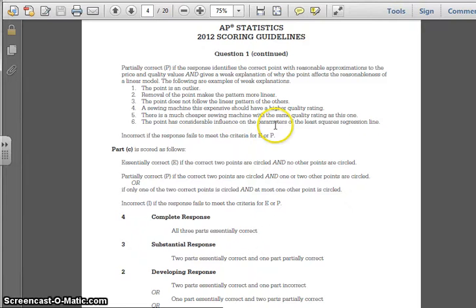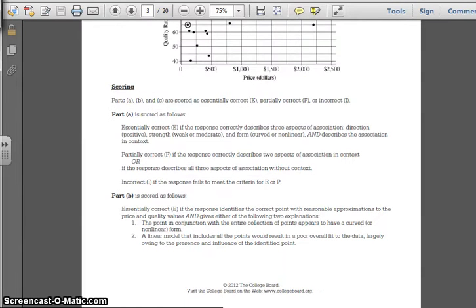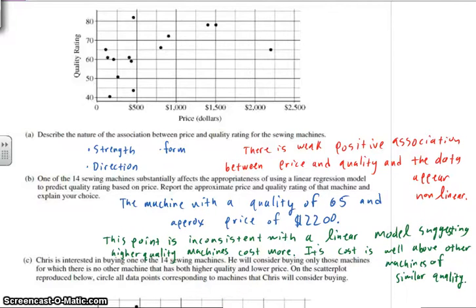There are many sort of ways to get partially correct here, but in order to get full credit, we needed to say that the point in conjunction with the entire collection of points appears to have a curved form. The linear model that includes all points would result in a poor overall fit to the data, largely owing the presence and influence to the identified point. So those are some ways that we could say that.